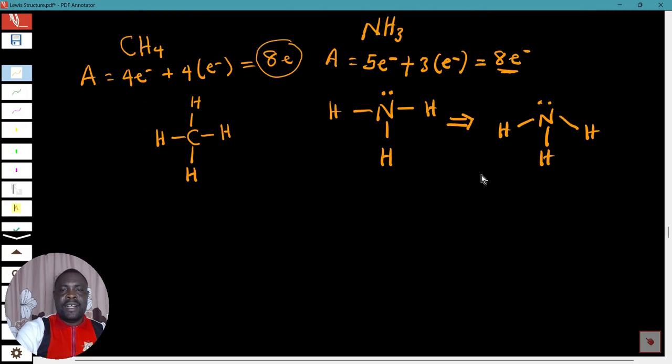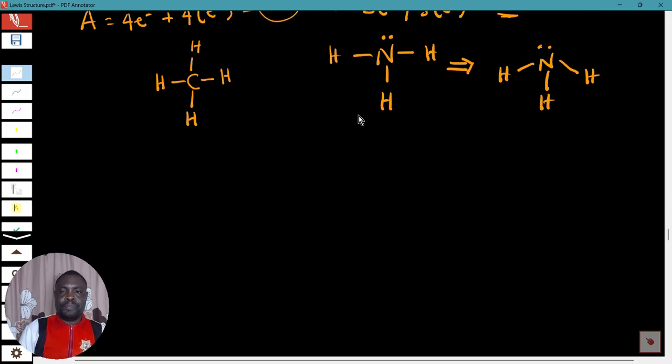Now let's take another example. Let's take phosphine. Now the available electrons: phosphorus is in group 5, so I'm going to have 5 electrons, plus hydrogen is in group 1, and since we have 3 hydrogen, we have 3 times 1 electron.